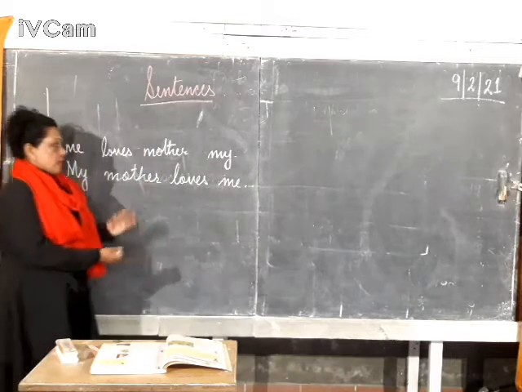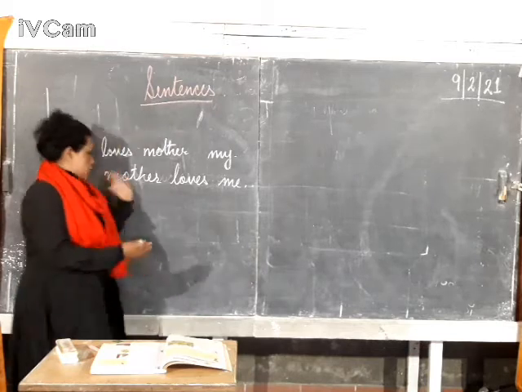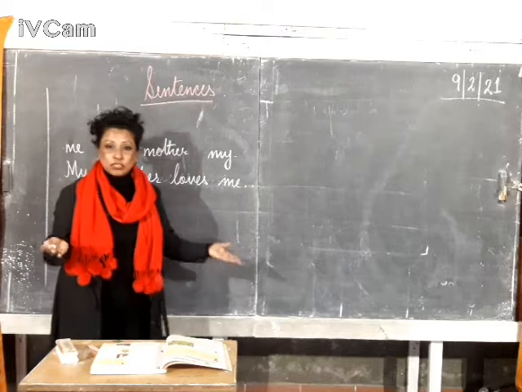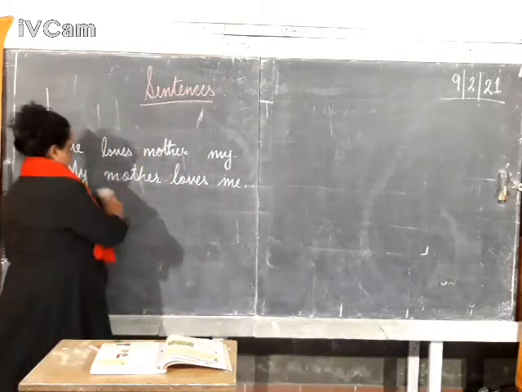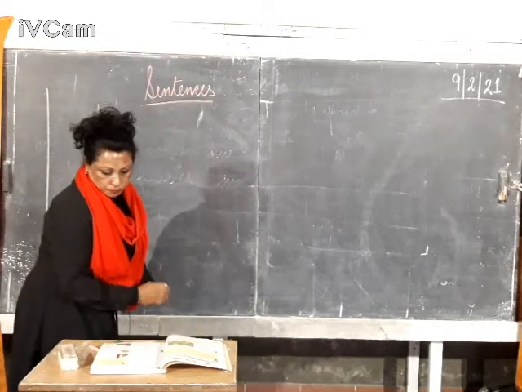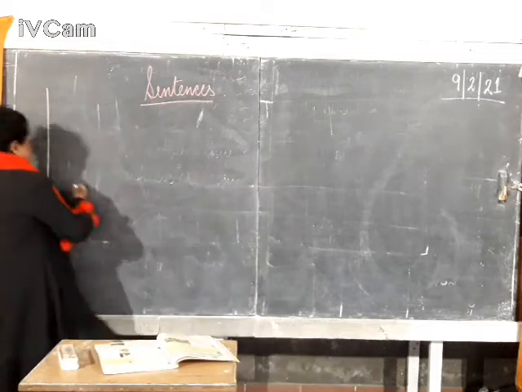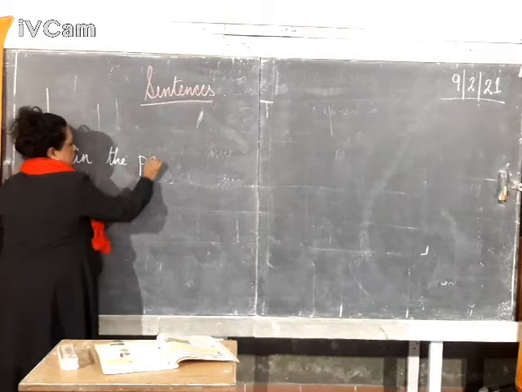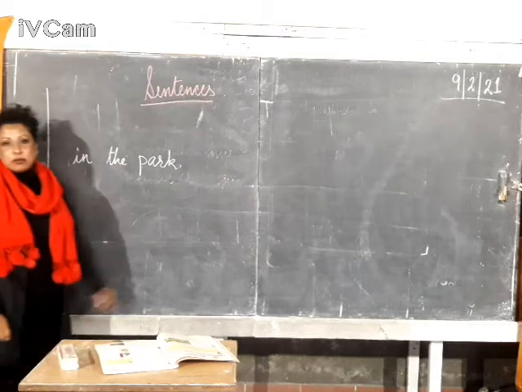All right, so again I'm going to tell you what is a sentence. A sentence is a group of words which make complete sense, so you'll understand what the other person is trying to say. All right, now if I tell you, in the park.